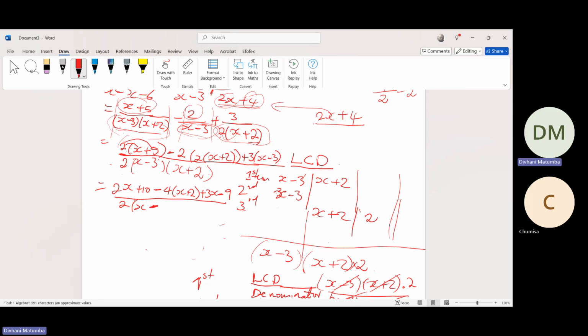Okay, let's solve them. It's going to be 2 into x, it's going to be 2x. Okay, you can do that as well. I don't have a problem. So it's going to be 2x and then minus 6.